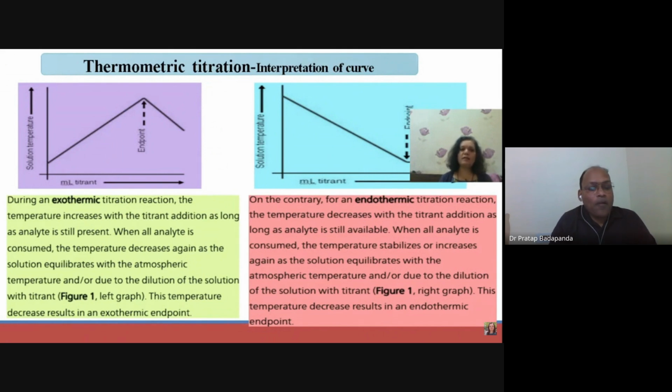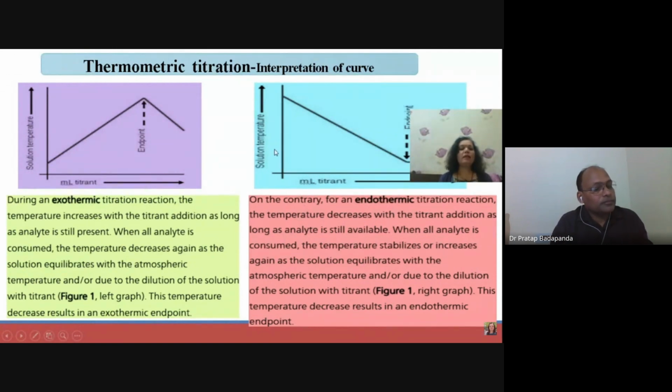Once the whole analyte is utilized, it will show a decrease in temperature with excess addition of the titrant from the burette. Extrapolation of these straight lines will give me the end point of the exothermic titration.